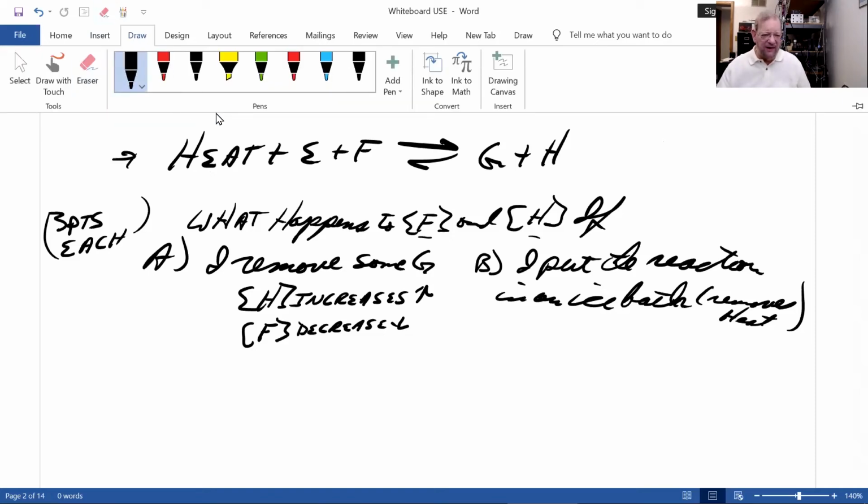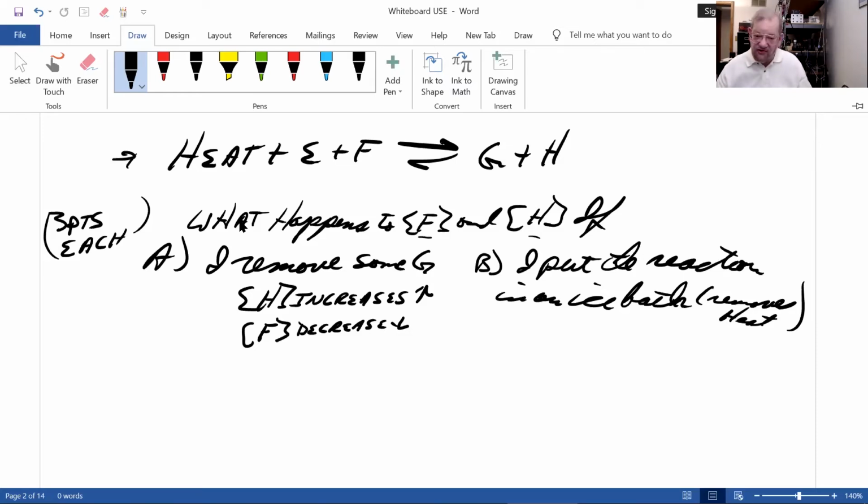At equilibrium, there was a certain amount of heat, and a certain amount of E, F, G, and H. When I put it in the ice bath, I remove heat. And the equilibrium goes, oh no, we don't have enough heat. Someone took it away from us. We've got to make more heat.